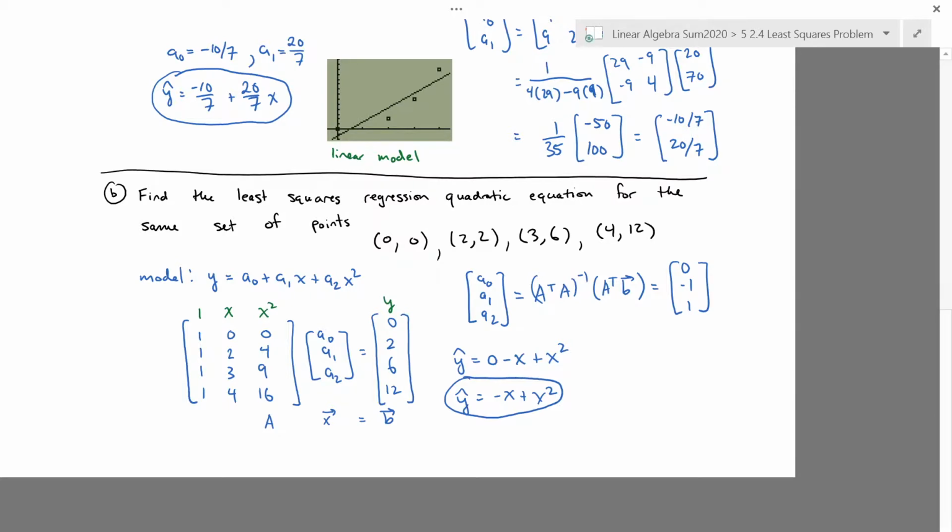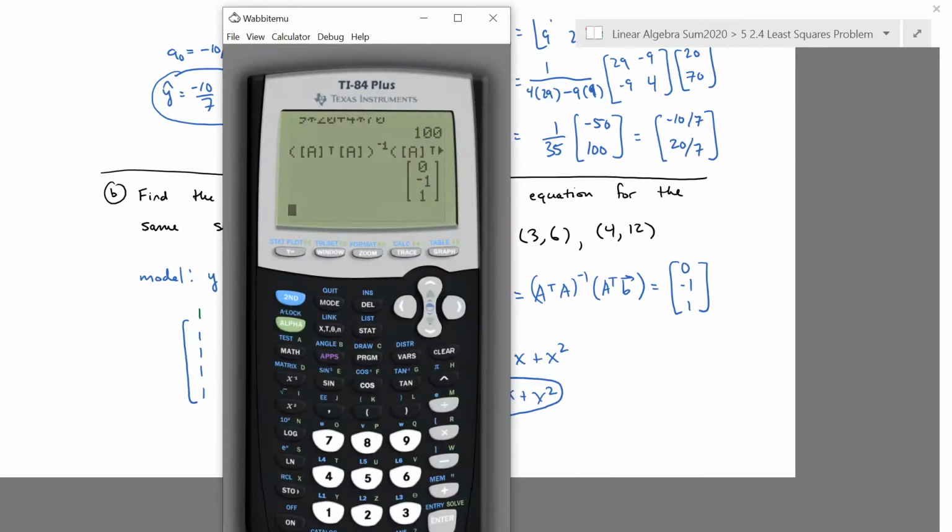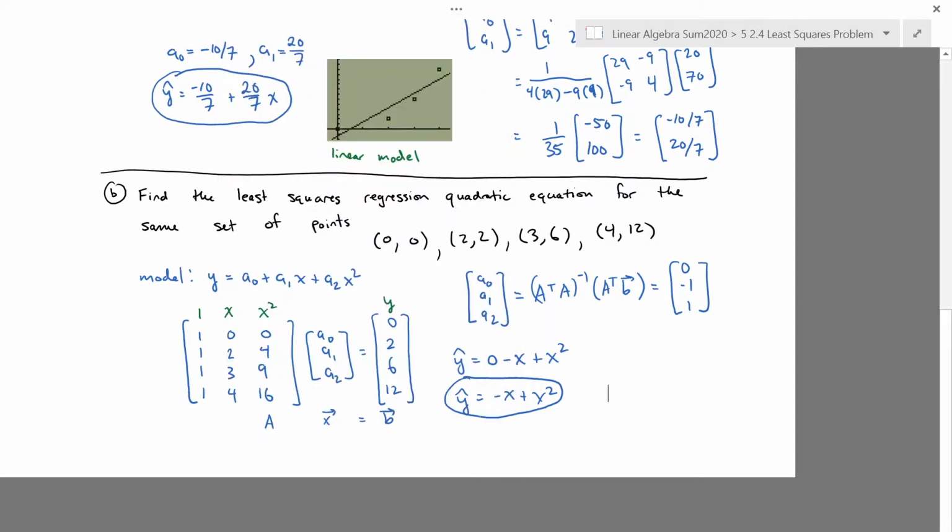Now we have our quadratic model, and similar to before, let's compare it to the scatter plot. Minus x plus x squared. You can see in this case the model actually passes through all 4 points. So this is actually an exact solution to this regression problem. If you plug in x equals 0, you get -0 plus 0, which is 0.